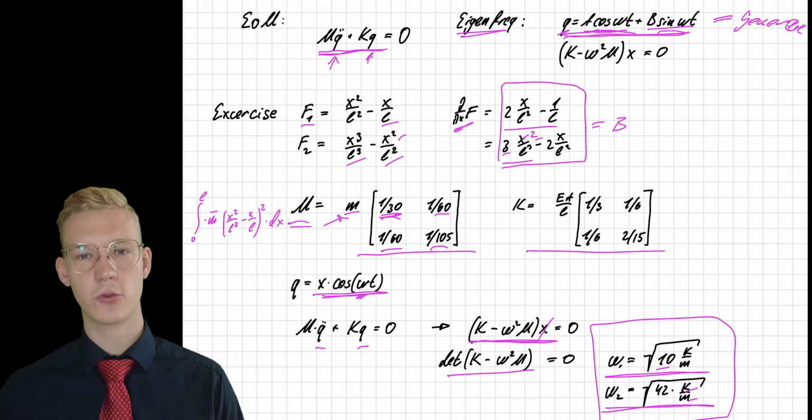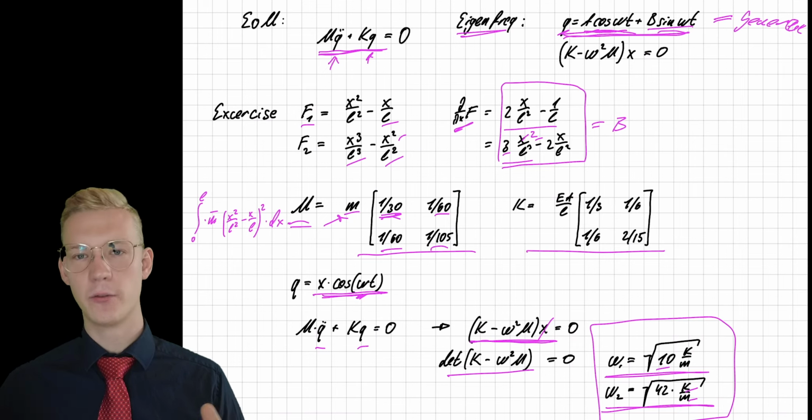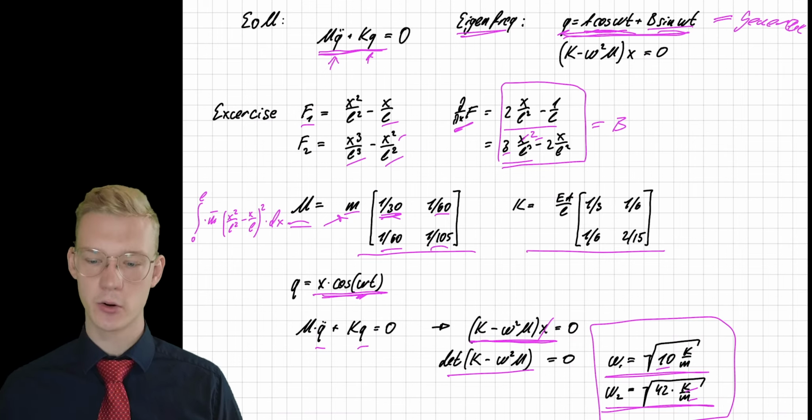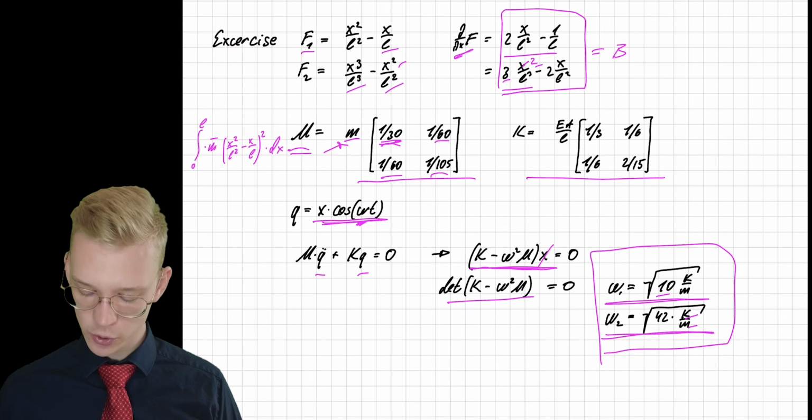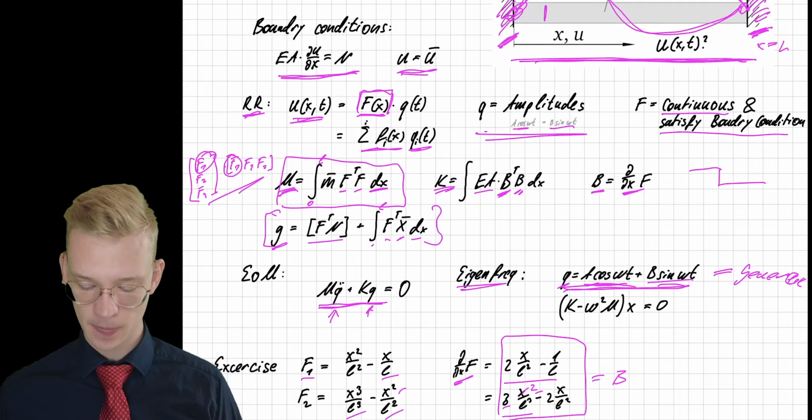And those reaction forces are like constraints. And if we add more constraints, our system will become stiffer. And if it's stiffer, it will vibrate faster, so the frequency will be higher. So we know that our analytical solution is definitely lower than these two eigenfrequencies.